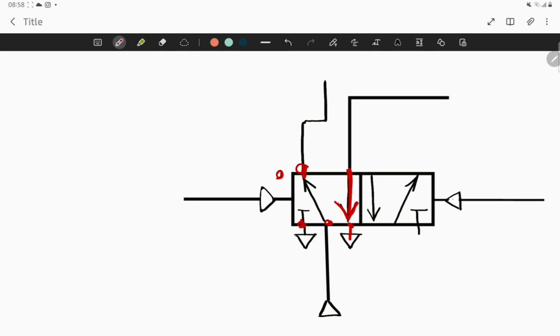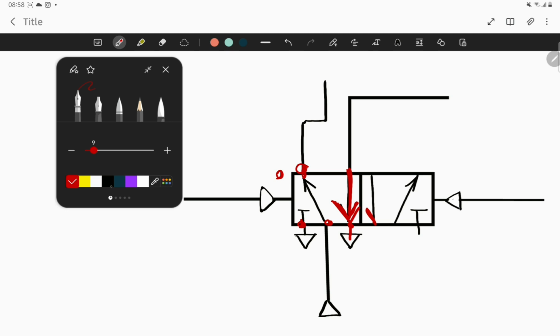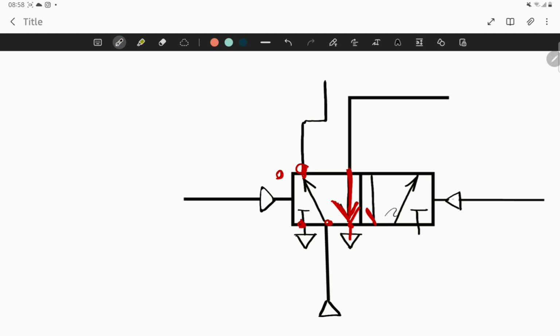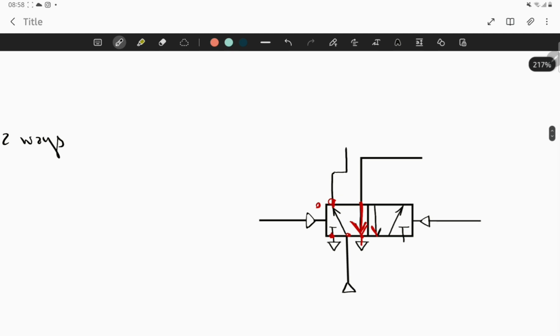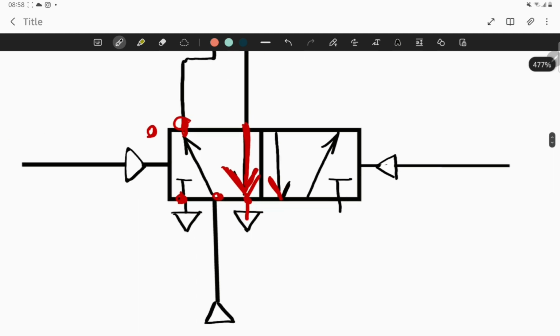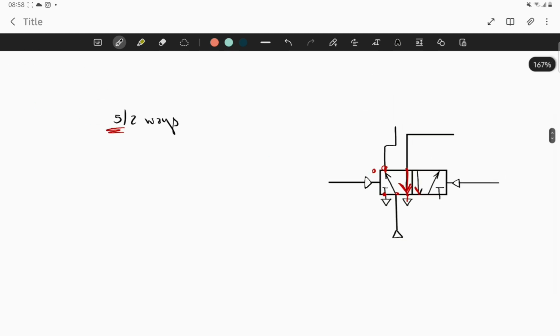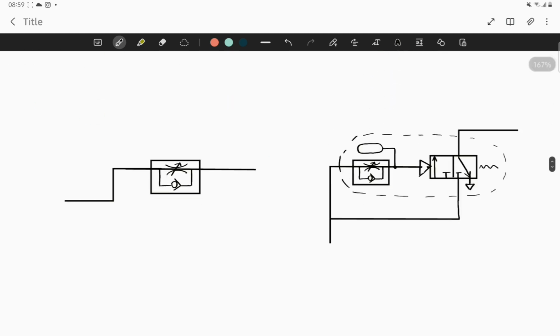It will just come to the atmosphere. So basically the positions where the air is being discarded are not the same, because that's what we had for the two ways, and this one is not the same, and this makes it able to hold the memory.